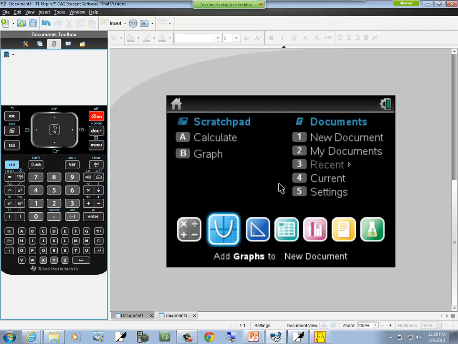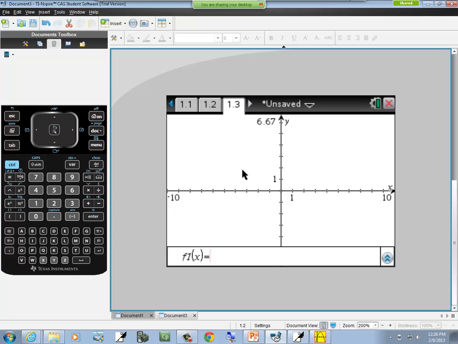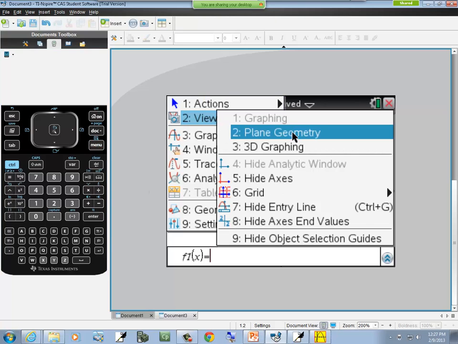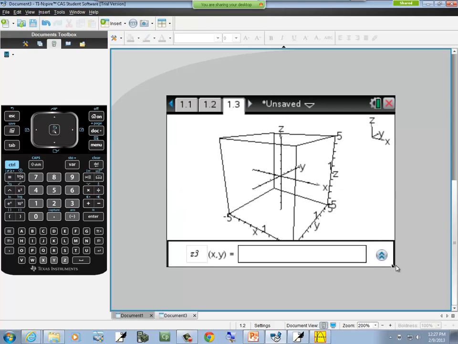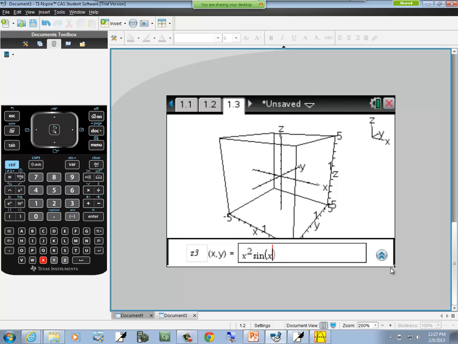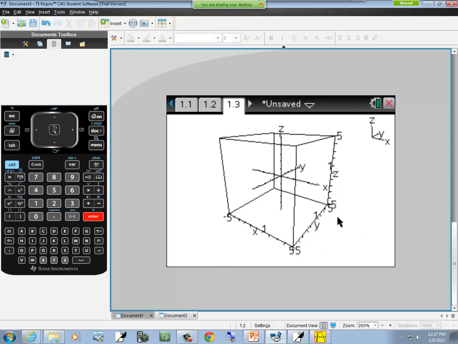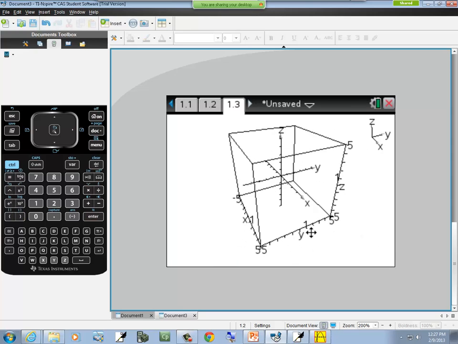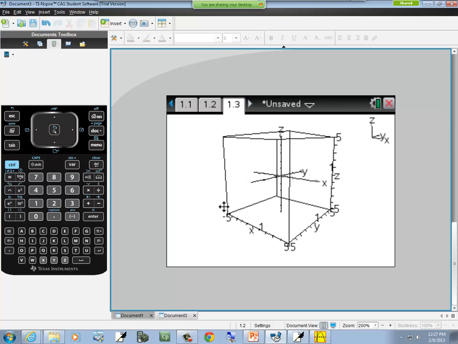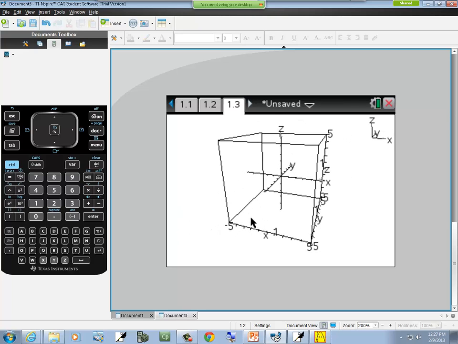Take me back here. Then I choose the graphs here. And it puts a new one across the top. But if I choose menu, choose view, choose 3D graphing. This one's going to be x squared, so x caret 2, right arrow to get out of the exponent, sine of xy. And press enter. That's nice. Love a software that doesn't do anything.